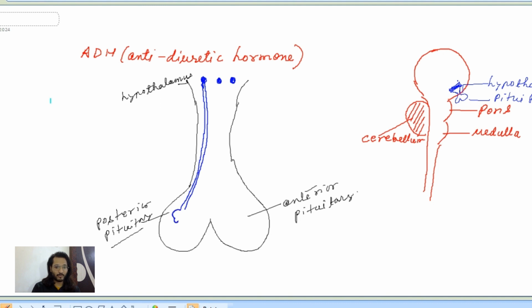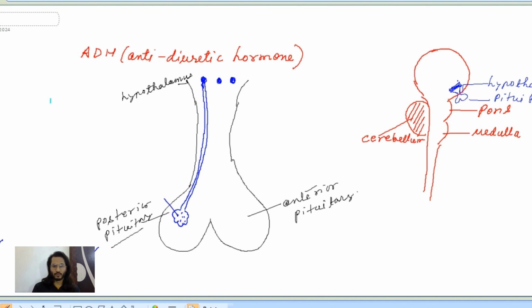Hypothalamus produces the very important ADH hormone, antidiuretic hormone, also called vasopressin. Vasopressin and oxytocin are synthesized in our hypothalamus but stored in the posterior pituitary gland.